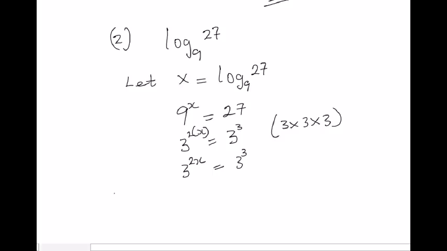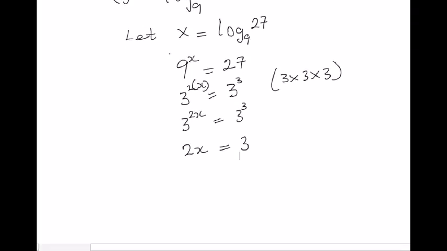Now, as I've said, equate the indices. Since the bases are the same, 2x equals 3. So divide both sides by 2 to get the value of x. 2x all over 2 equals 3 all over 2.